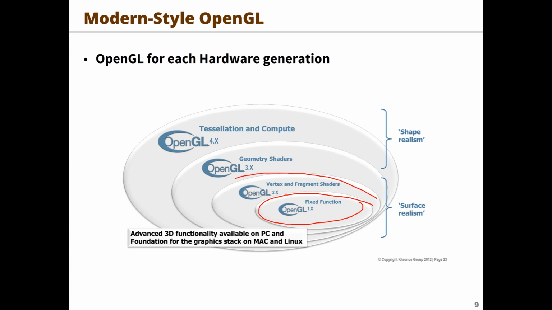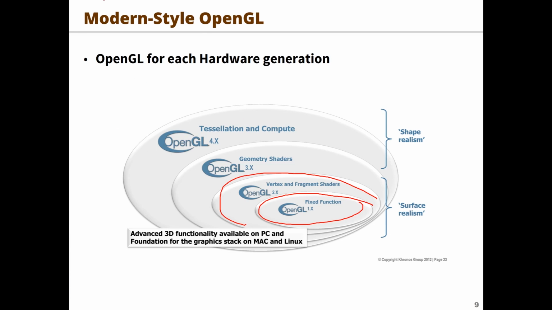And next is vertex and fragment shaders. Actually, they are available in 2.x, but they are not really consistent with the other parts of OpenGL. So they mix the fixed function and vertex and fragment shaders. That was up to 2.x.